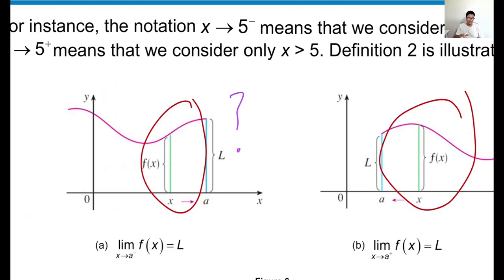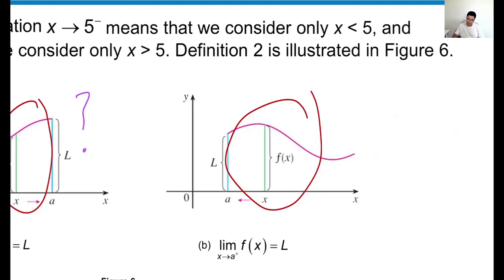If you are only interested in the left-hand limit, you don't bother about the right side. If you are looking at the right-hand limit, what's to the left of the value a, and what the values of the function are there, doesn't matter. Or even if that is not in the domain, doesn't matter. Have that clarity.